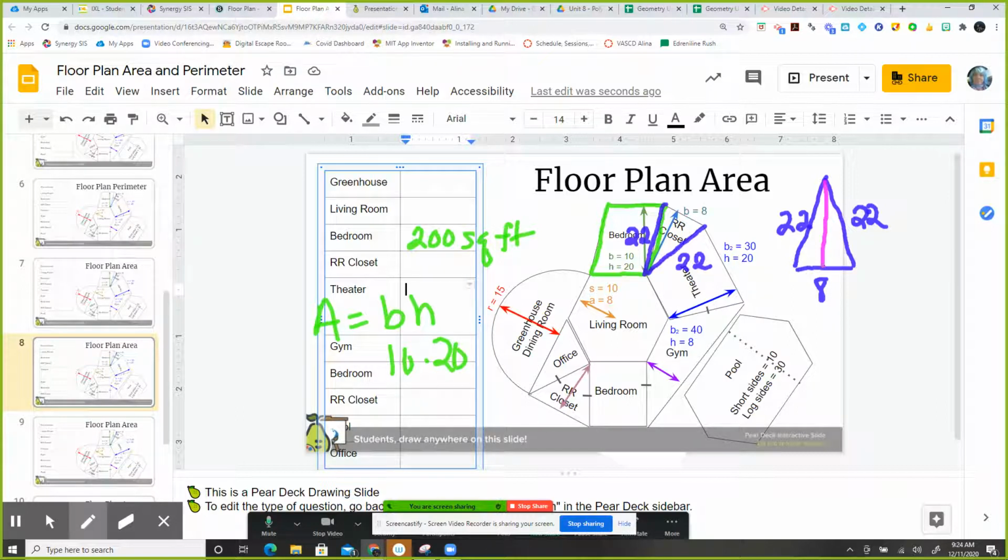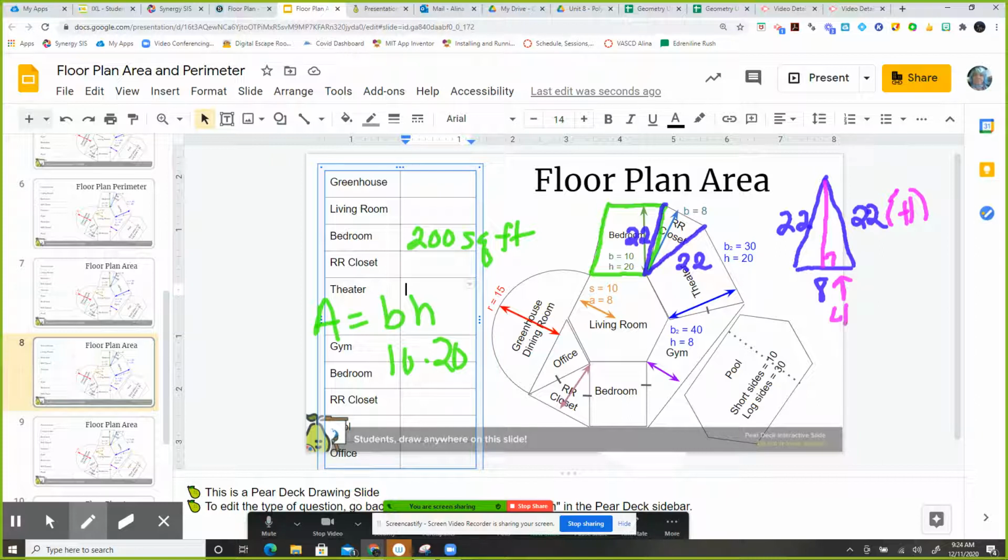Do you see any right triangles in there? The 22 is the hypotenuse. I feel like you're trying to say it. It's just not coming out. So what's the base down here of my right triangle?